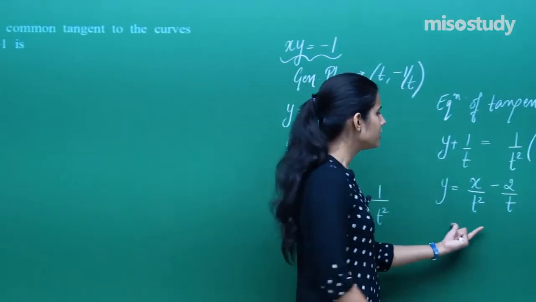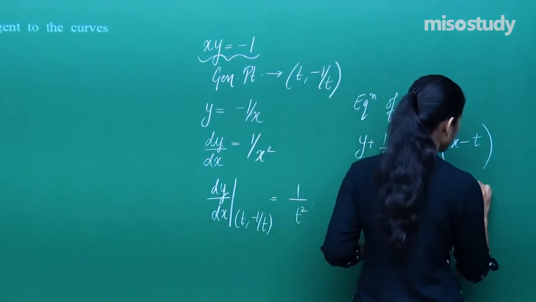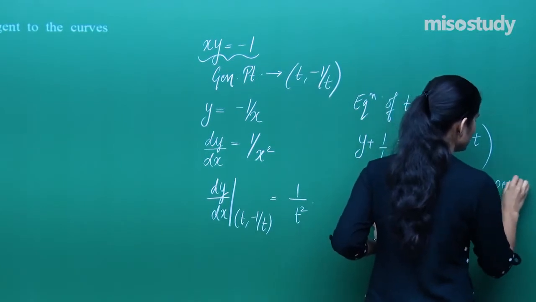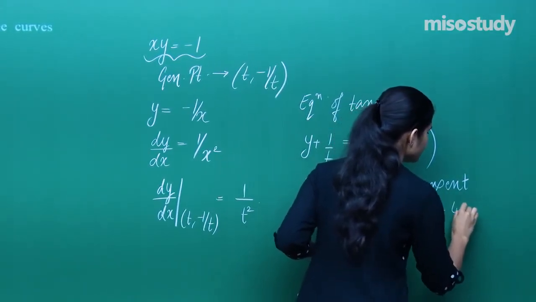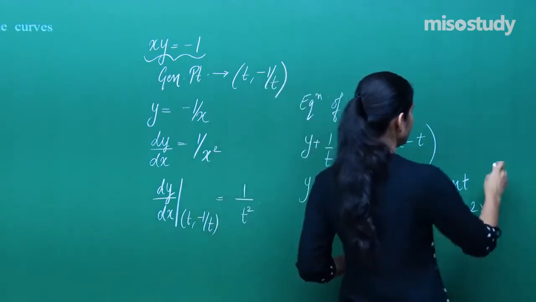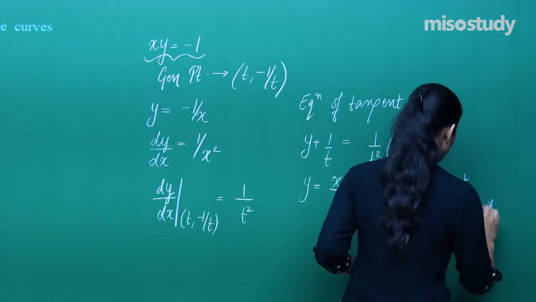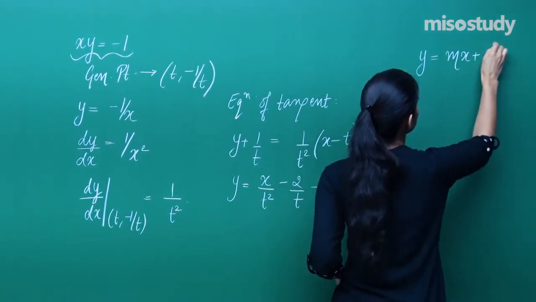If this particular line has to be a tangent to the parabola y square equals 4 into a into x, then it has to be of the form y equals mx plus a by m.